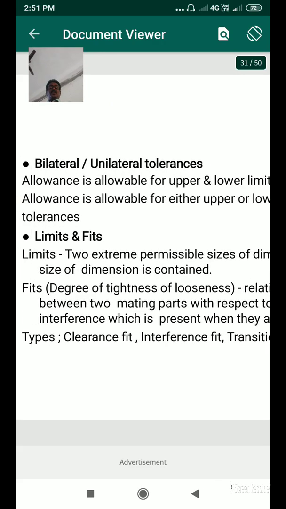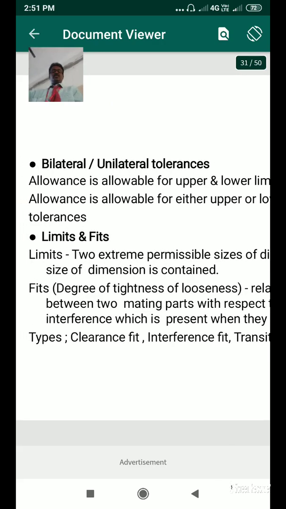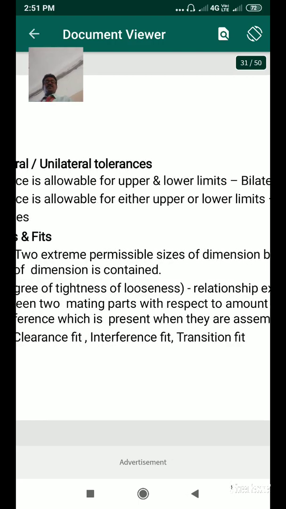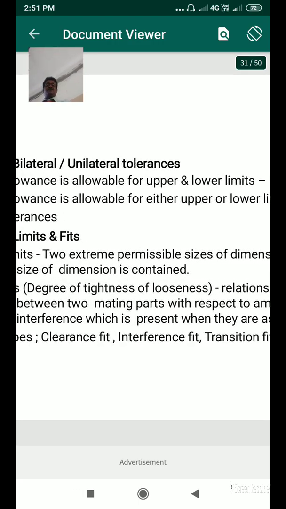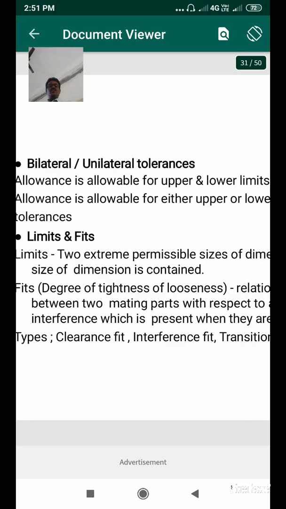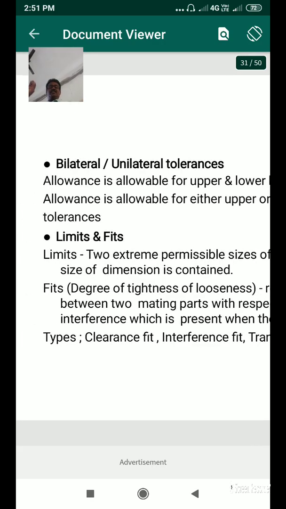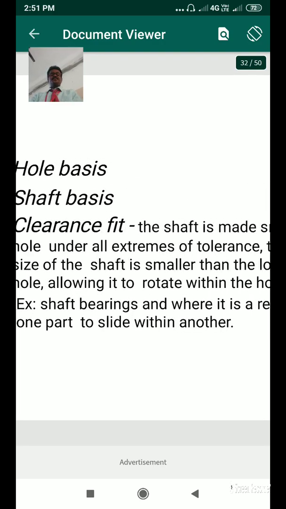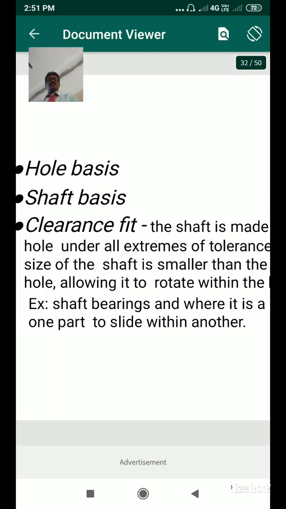Limits: the two extreme permissible sizes of a dimension between which the actual size of the dimension is contained. So what are the types of fits available in the manufacturing field? Clearance fit, interference fit, transition fit. Hole basis, shaft basis method.